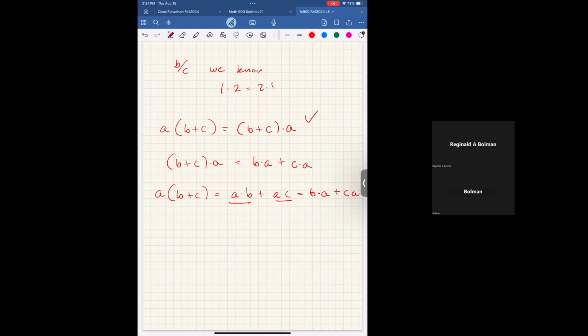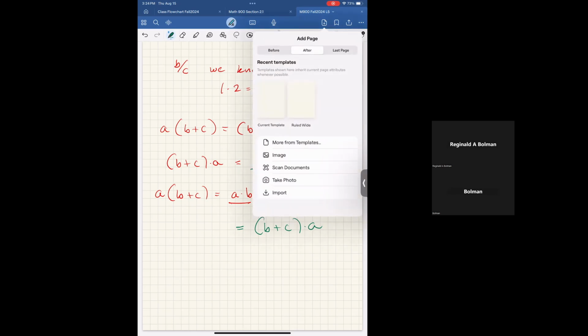And A times C is the same thing as C times A, so we'll switch the order of that. Now, I hope you guys can see that this left-handed distribution setup is exactly the same thing as what we have here. And so for that reason, we can say that there is, in fact, an equivalence between right-handed and left-handed distribution.